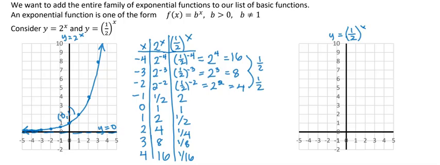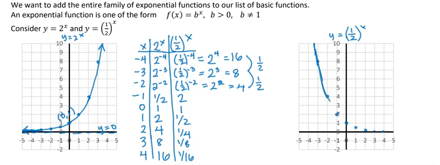So over here on the graph, again, the 16 won't fit, but we can do -3, 8, and then -2, 4, and then -1, 2, 0, 1, 1, 1/2, and then we're down to 1/4, and 1/8, and 1/16.